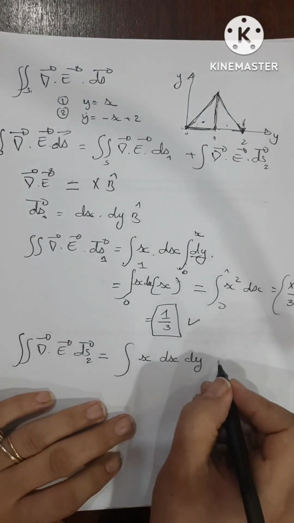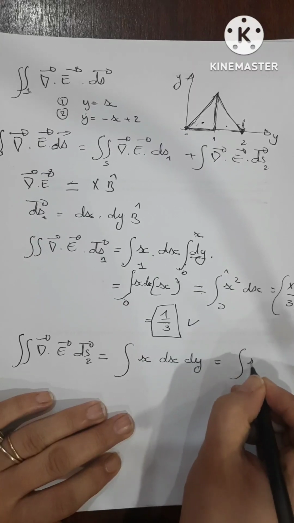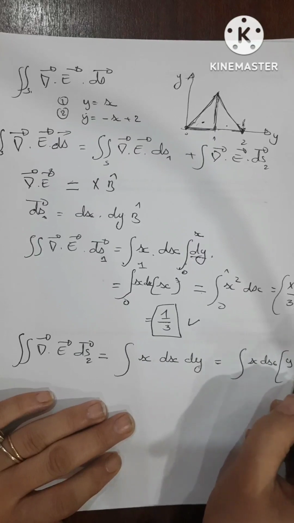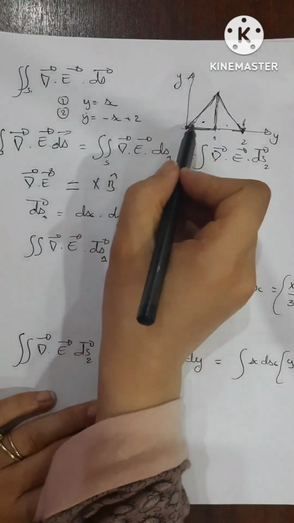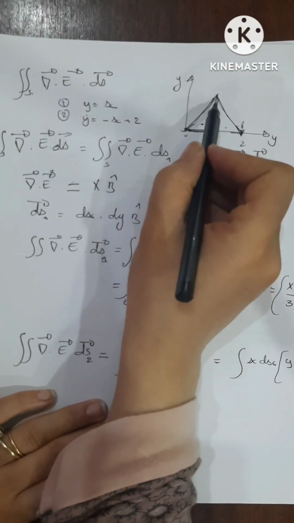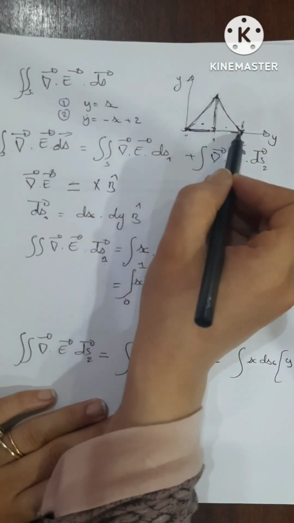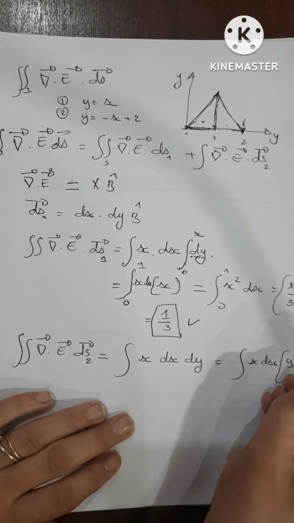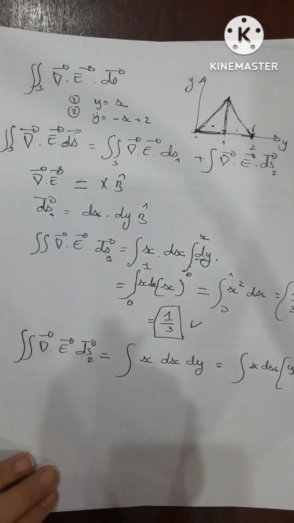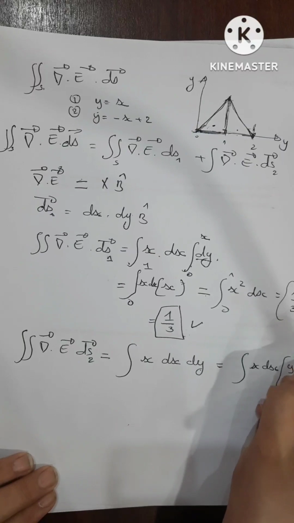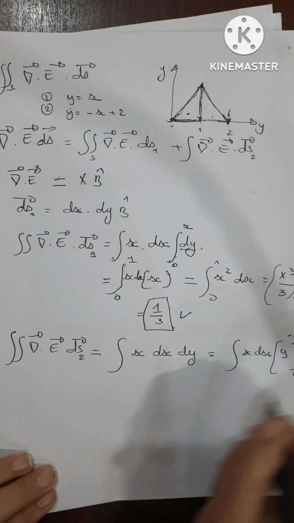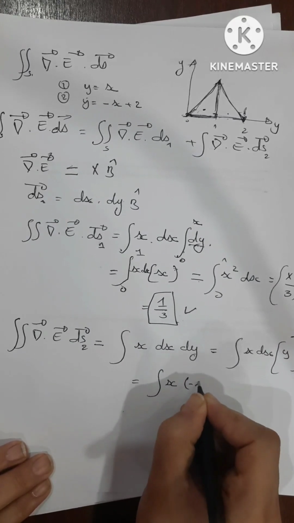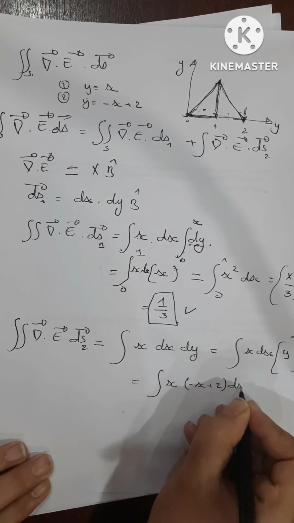Now our y is always from 0 to the function, so from 0 to the function of x, minus x plus 2. So it's the integral of x times minus x plus 2 dx.